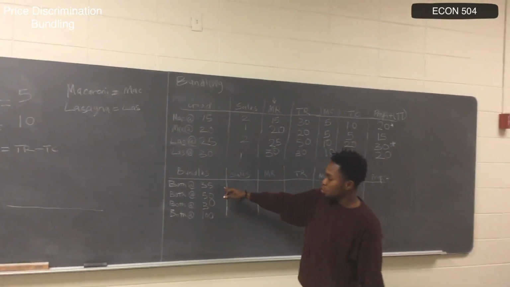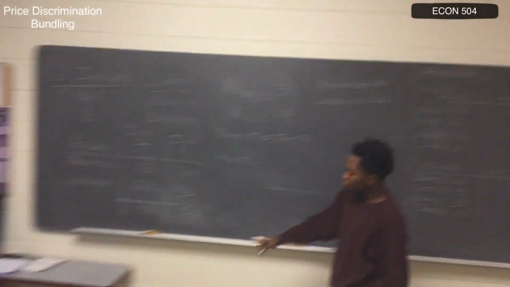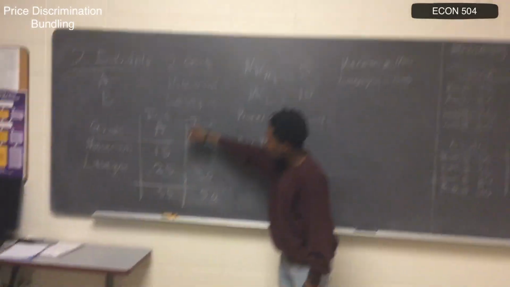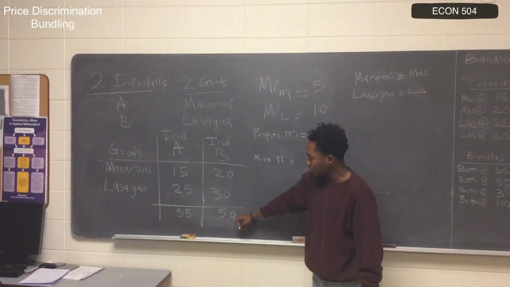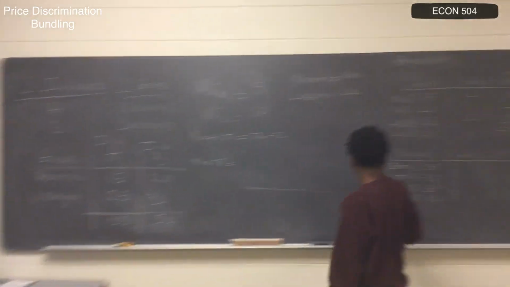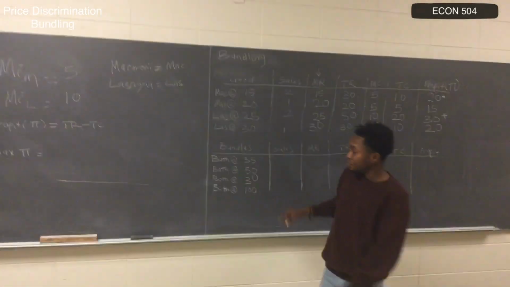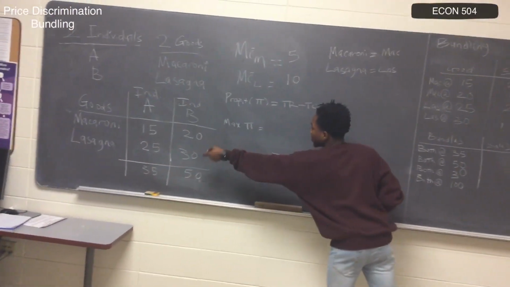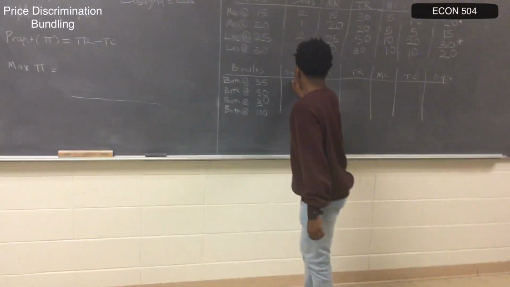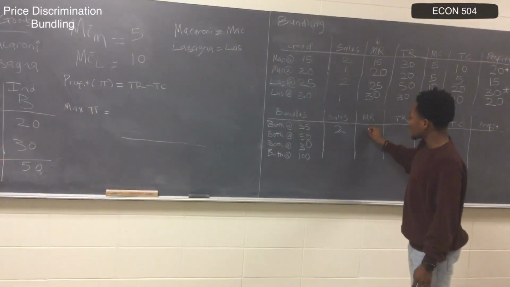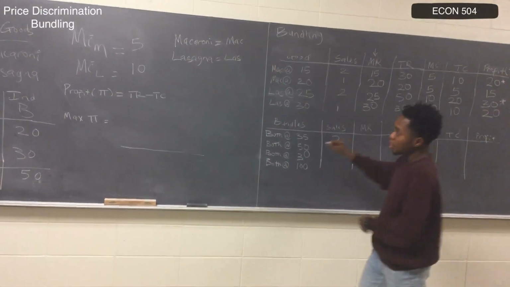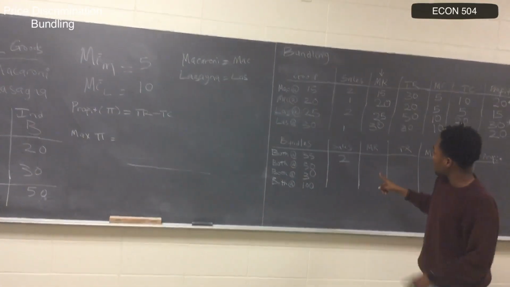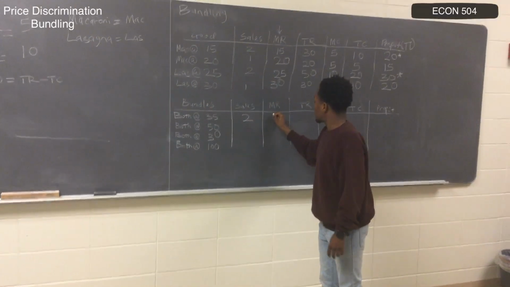If I sell both goods for $35, the total here is $35 for the first individual. The total is $50 for the second individual. So if I'm selling for $35, I'll sell to both individuals because she's more high valued than the first individual. So this will be 2. The marginal revenue of selling both goods will be the price. So that would be $35.